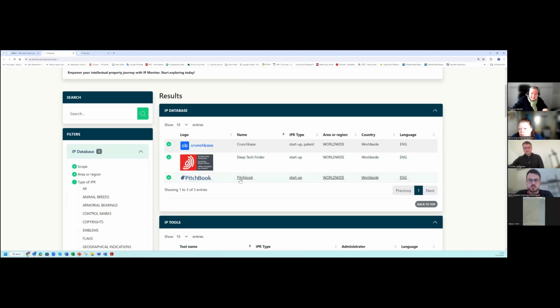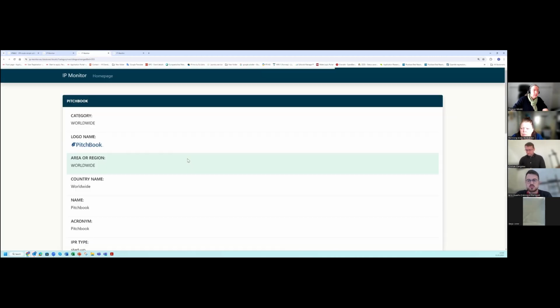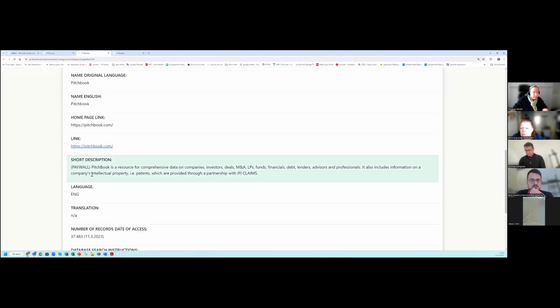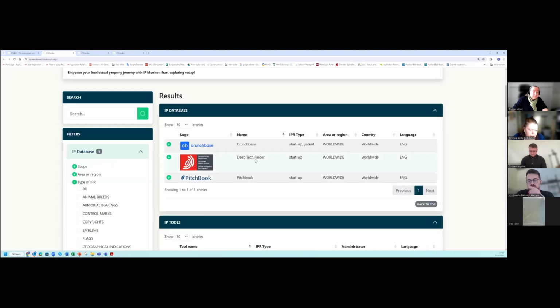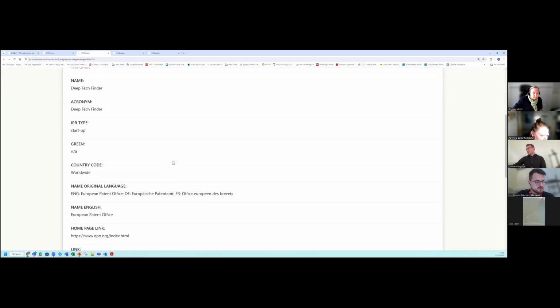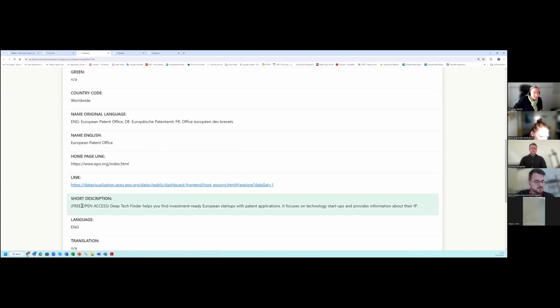If I show you a similar one, which would be PitchBook, you will see again there is also information about their IP. There is a different provider in this one, but again, it's a paywall, right? Whereas Deep Tech Funder is a European Patent Office tool, and that one is free open access, right?